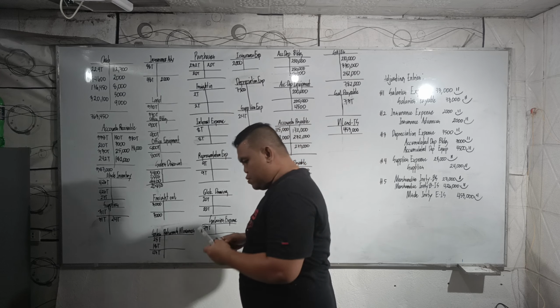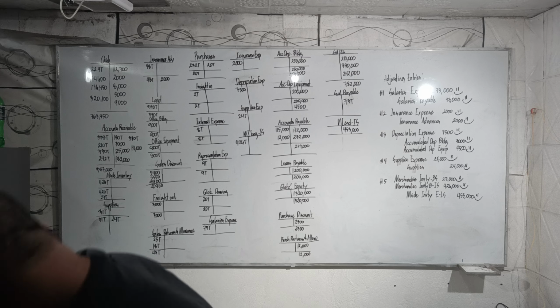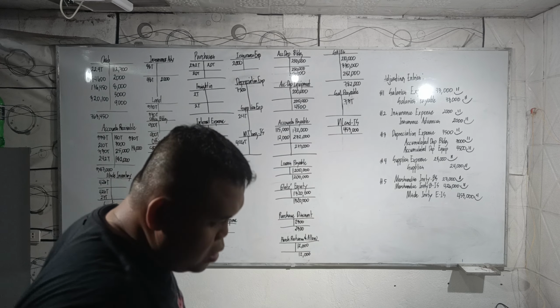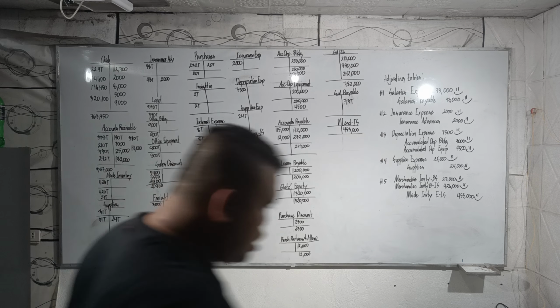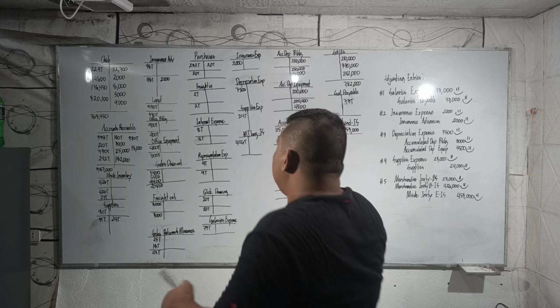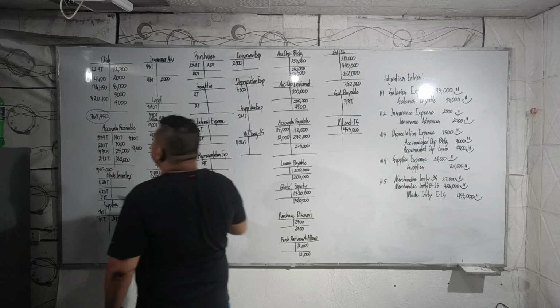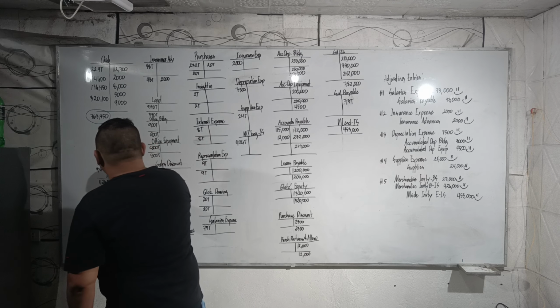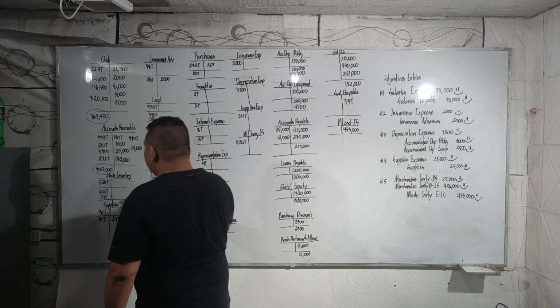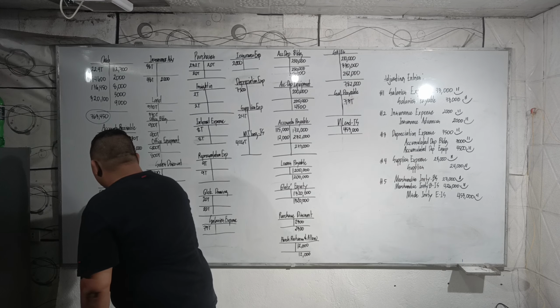Okay? So, let's use the other color. So, this will still be 763,450. This will still be 387,000. However, the merchandise inventory will become 453,000 already.